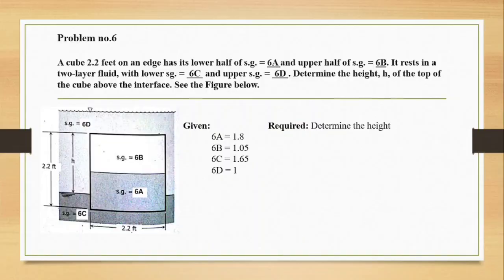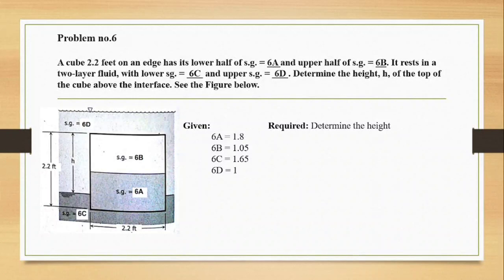So next is problem number 6. A cube 2.2 feet on the edge has its lower half of specific gravity equal to blank and the upper half of specific gravity equal to blank. It rests in a two-layer fluid with lower SG equal to blank and upper SG equal to blank.